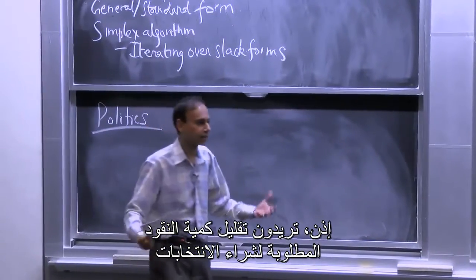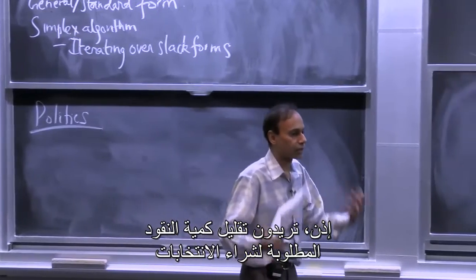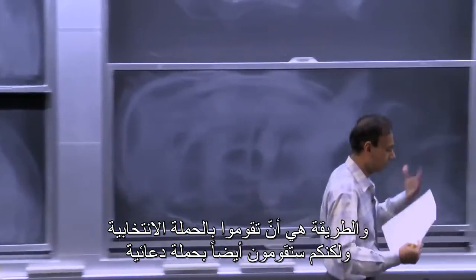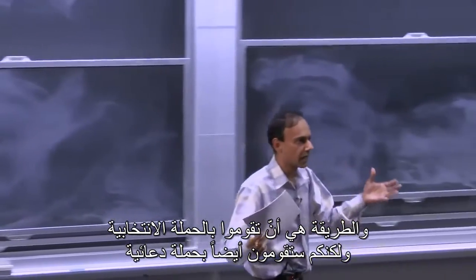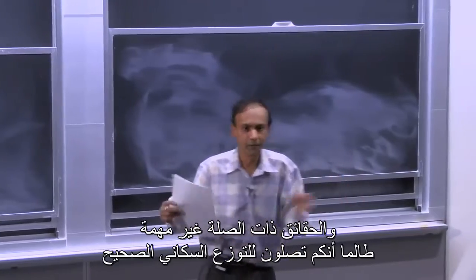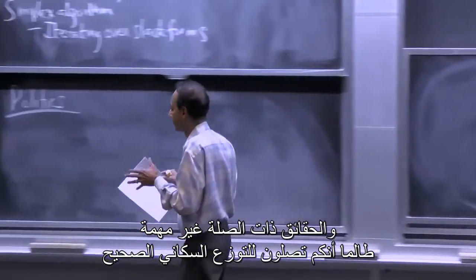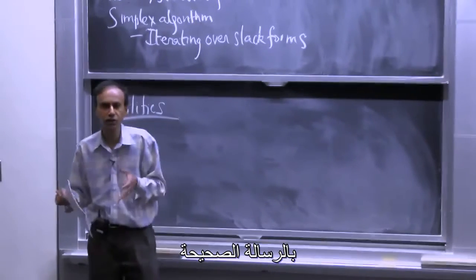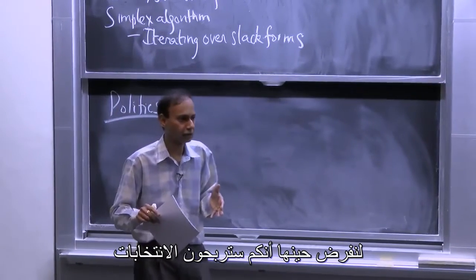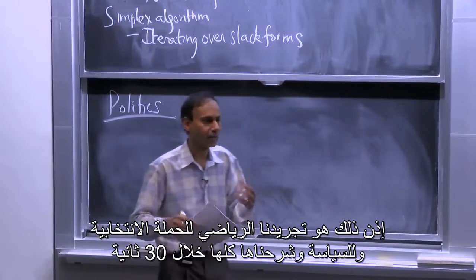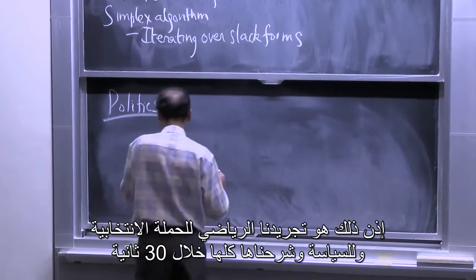So you want to minimize the amount of money that is required to buy an election. And the way you buy an election is, well, campaign, but you advertise. And it doesn't matter, facts that are irrelevant, as long as you get to the right demographic with the right message, let's assume that you're going to win the election. So that's our mathematical abstraction of campaigning and politics, all in 30 seconds.